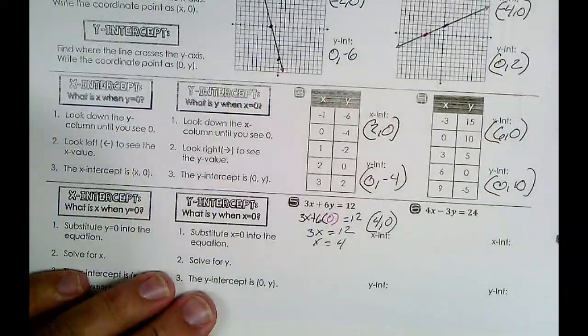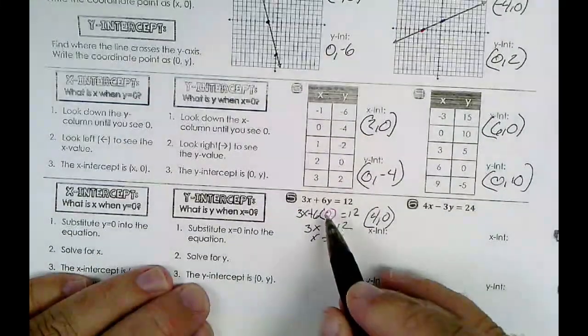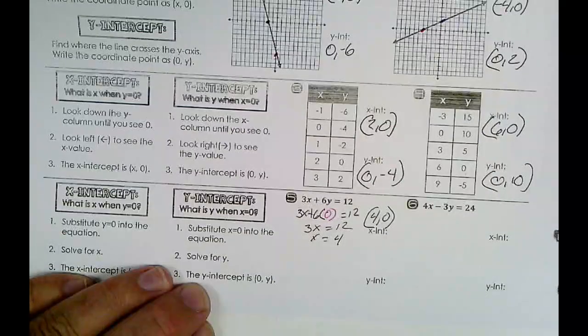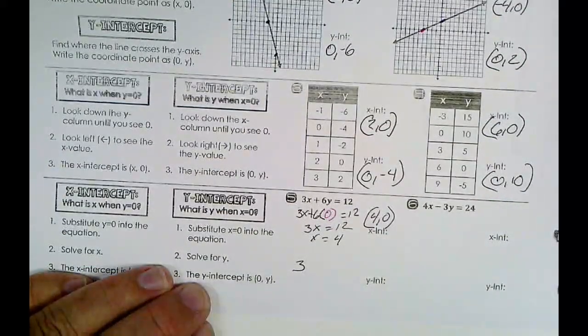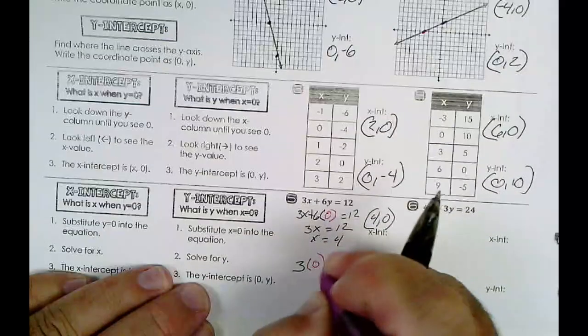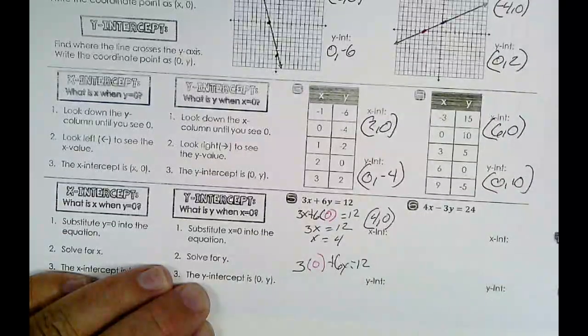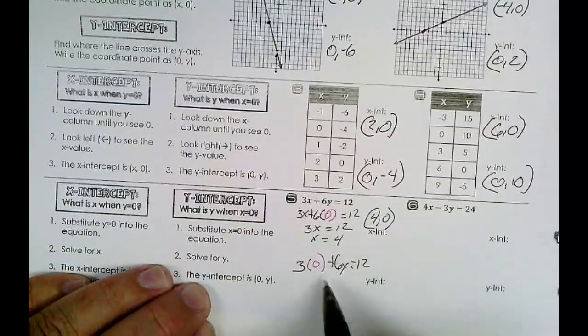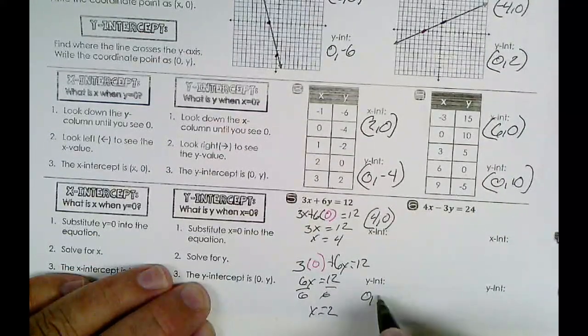Now for my y-intercept, I need to substitute when my x is 0. So I get 3 times 0 plus 6y equals 12. Now I combine what I can. So this is 6y equals 12, divide by 6, y is equal to 2. So my y-intercept is 0, 2.